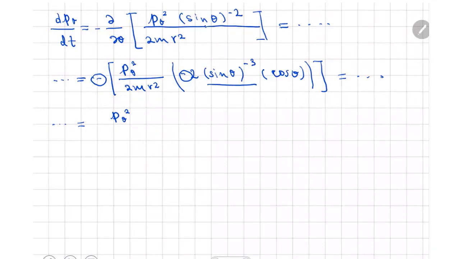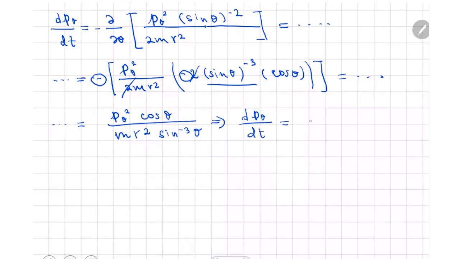So on the numerator I'm gonna have only cosine of theta, and these two and these two cancel each other, and I'm gonna have on the bottom m r squared sine minus 3 of theta. So finally, this equation is gonna be dp theta dt equal to p theta squared cosine of theta dividing m r squared sine minus 3 of theta.